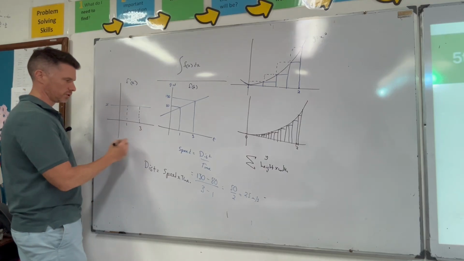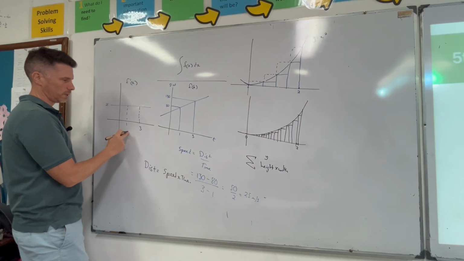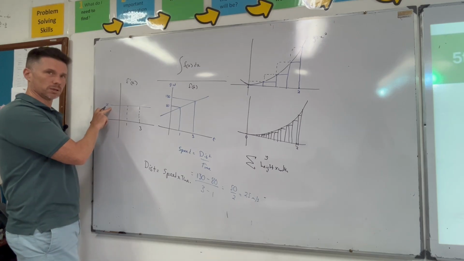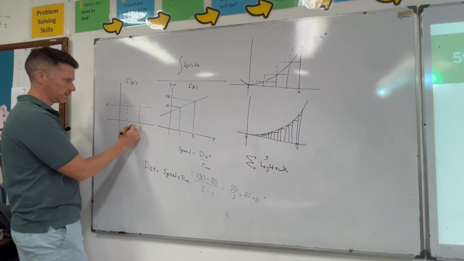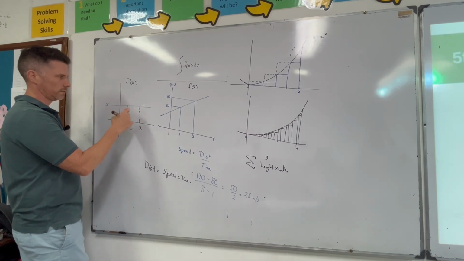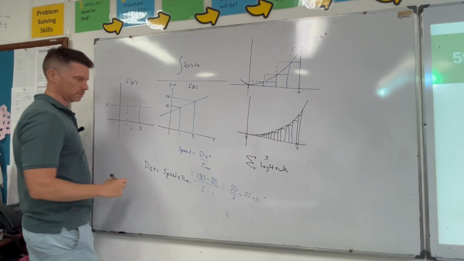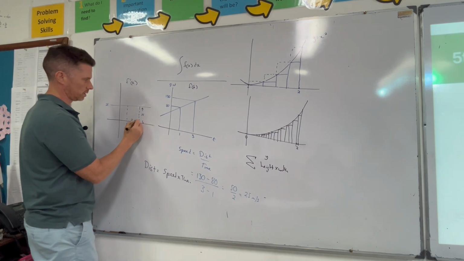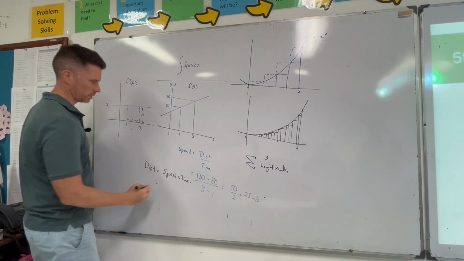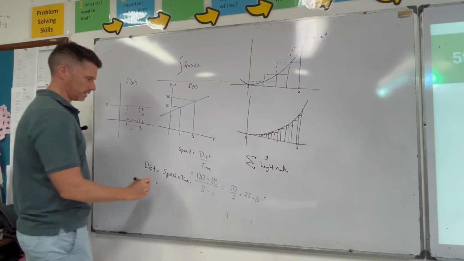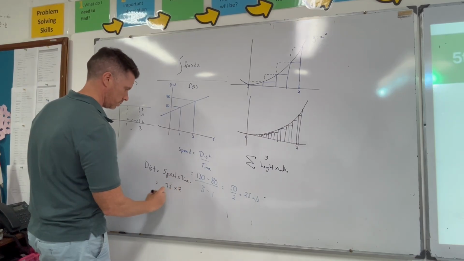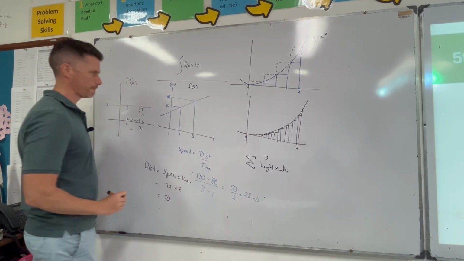In this case I can do that, can't I? What is the time? 2 seconds. What is the speed? 25. Can you see that's the area here? 2 across, and it's 25 high. So the distance is 25 times 2, which is 50.